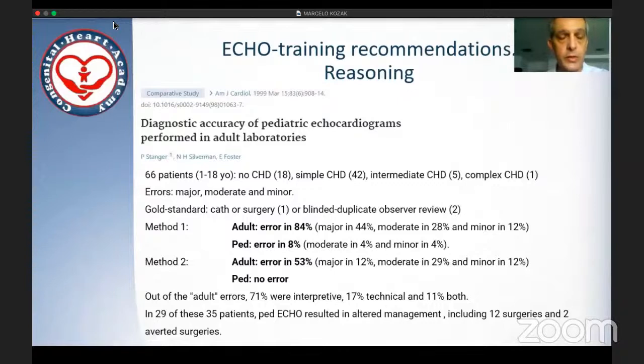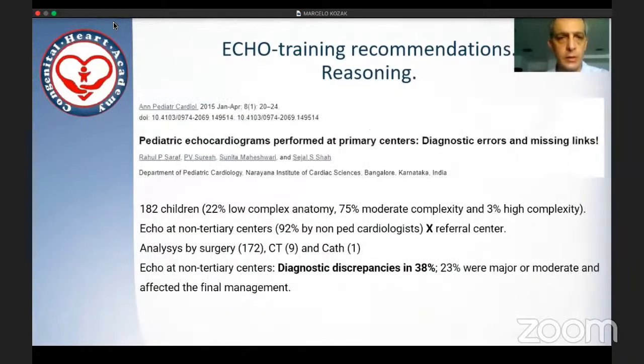Adult cardiologists and pediatricians pass the same exam, and even if the fellow didn't have any experience with pediatric echo, if this person passed the exam, he or she is authorized to do pediatric studies.